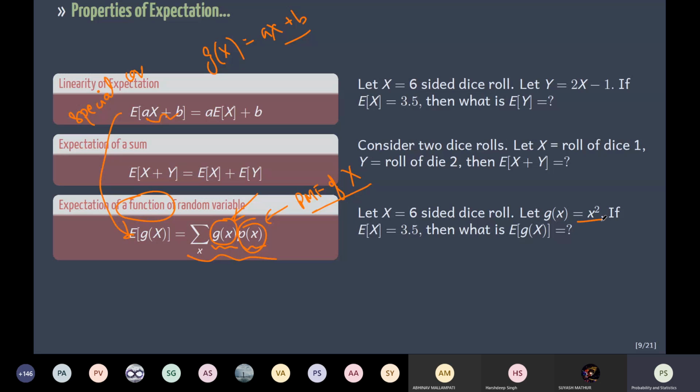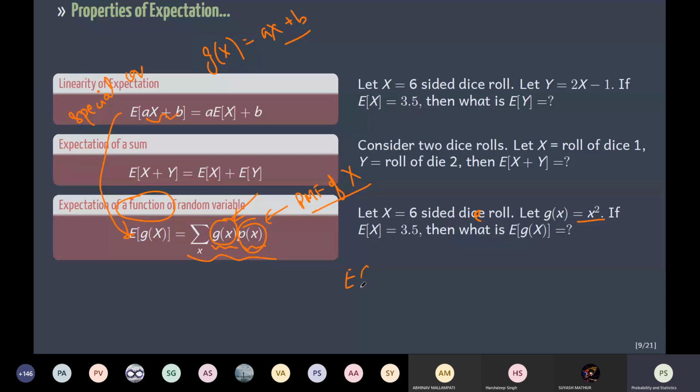If you see this example here, let X be the six-sided die roll, and g of x is x squared. If the expectation of x is 3.5, then what is the expectation of g of x?